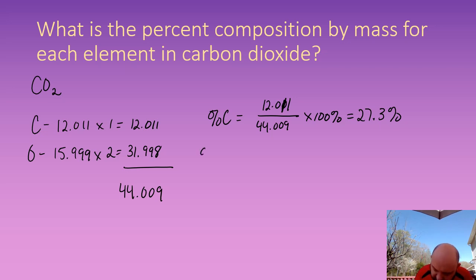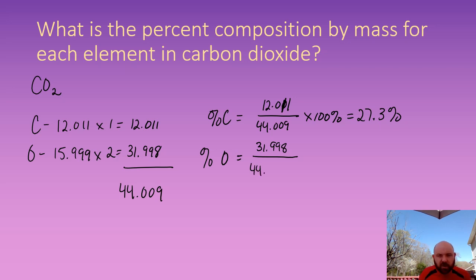The remaining percentage is oxygen. We could do a subtraction and figure that out, but we're going to do it mathematically just for proof of concept. We see that 31.998 atomic mass units of our compound is oxygen.